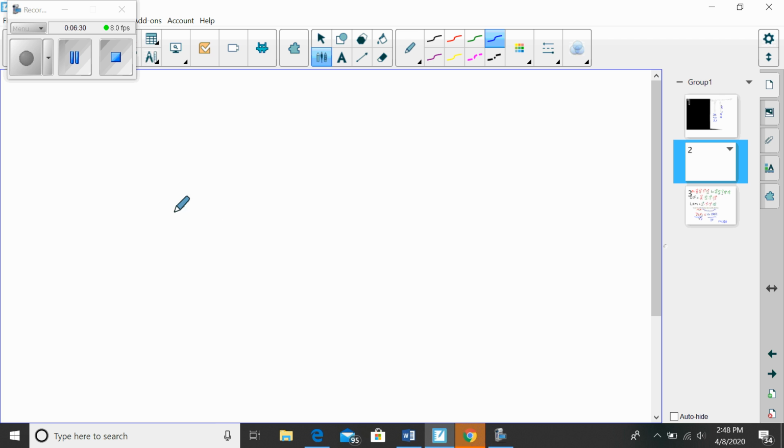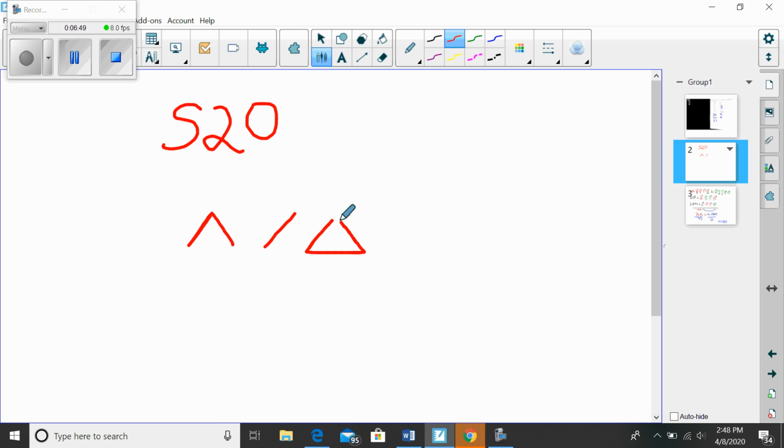And then one more thing that I want you to do to lead up to the next lecture is let's go back to our S20 numbers for a minute. Okay, and let's consider this number. So I want you to change this number and this number into base 10.